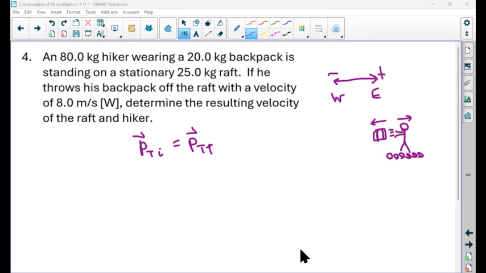Okay, let's jump back in. Sorry, I had to pause the recording there for a minute. We said our total momentum before is going to equal our total momentum after this exchange where our hiker throws the backpack.